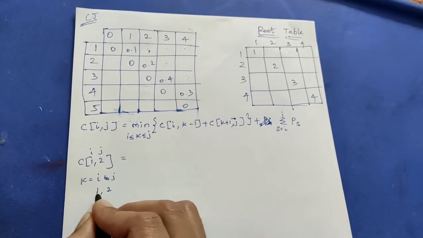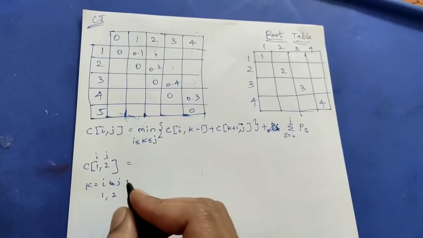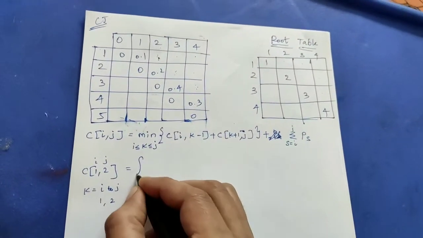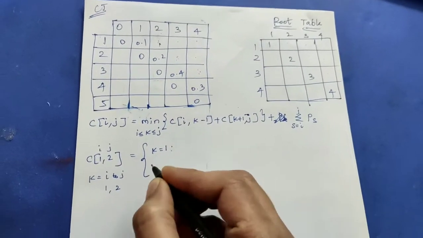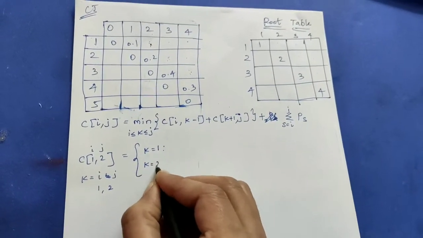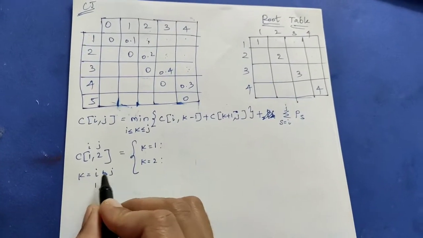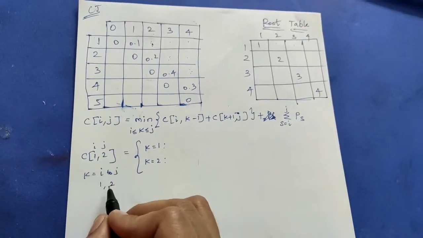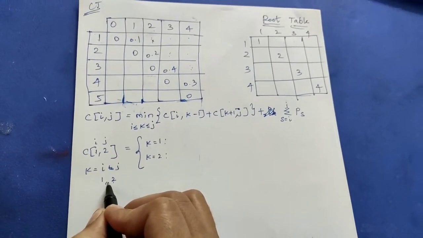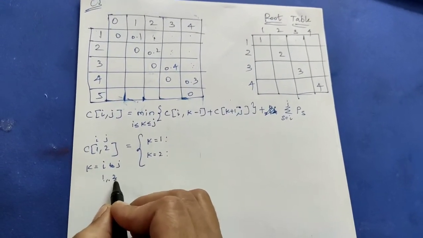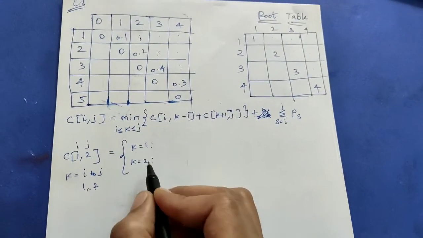It is as per the order. So you have to process this formula for k equal to 1 and also for k equal to 2, because k ranges from i to j. So k should be processed for 1 as well as 2.